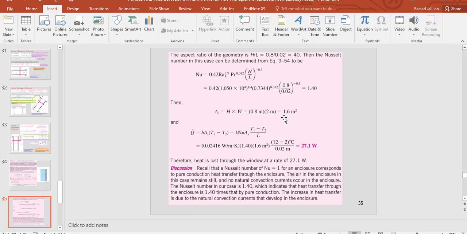So A_s will be 1.6 square meters. By substitution in Newton's law, we will find the convection heat transfer. So the rate of heat transfer will be 27.1 watts for this double pane window.